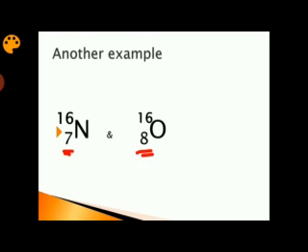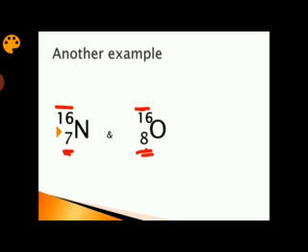Then 8 protons are there in an 8O16 isotope, or in any oxygen atom or any oxygen nucleus, the number of protons will be 8. In any nitrogen isotope, the number of protons will be 7. And their mass numbers are the same here. 16 is the mass number of nitrogen here and 16 is the mass number of oxygen here.